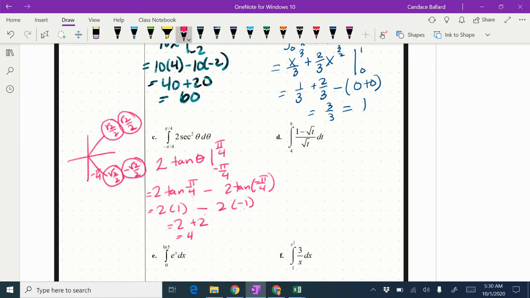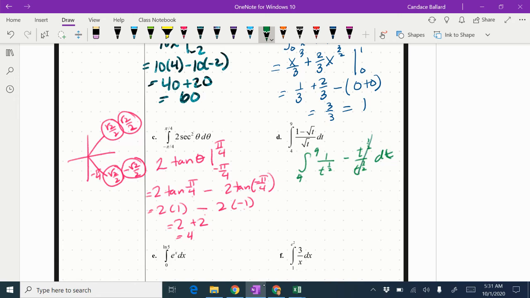All right, much like what we saw in the last lesson, we're going to rearrange this before we actually take the integral. We're going to go from 4 to 9, split it into 2 separate integrals, and switch to the 1/2 power. So t to the 1/2 power minus t to the 1/2 power divided by t to the 1/2 power dt.